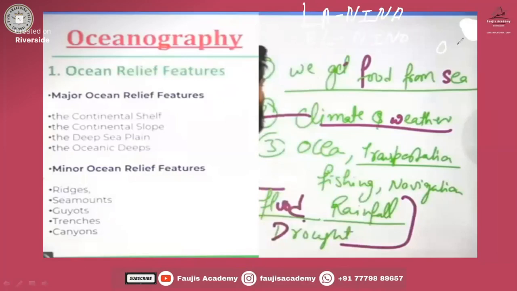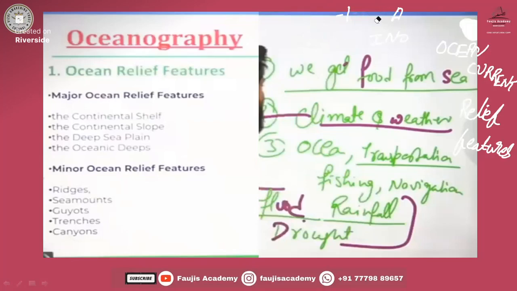Then the ocean current part is important. Then we have the relief features. Ocean relief features are important. So all these three parts are most important. All the syllabus we are going to study in oceanography is mentioned in this slide, so see it.